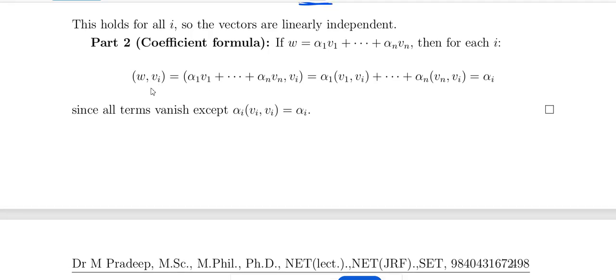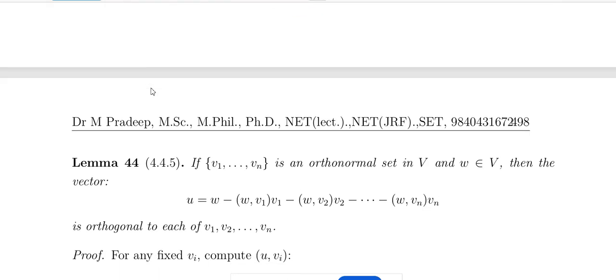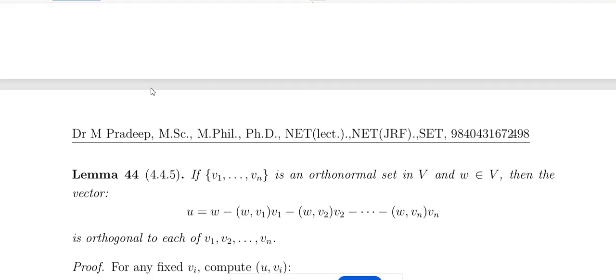And for the other one, w equal to the linear combination alpha 1 v1 plus alpha 2 v2 plus so on alpha n vn. For each i, the inner product of w comma vi, once again we get alpha i times vi comma vi, which equals alpha i, as we know. The others are 0, so alpha i equals w comma vi.